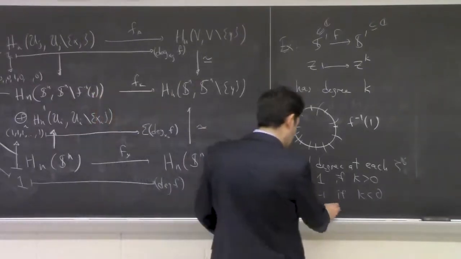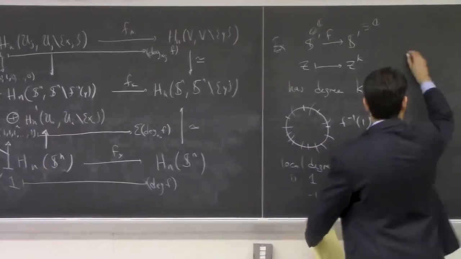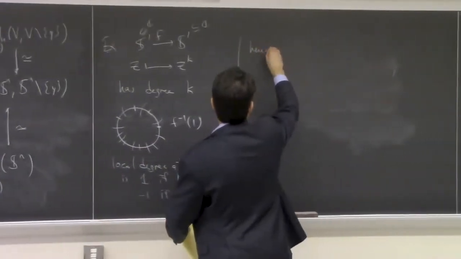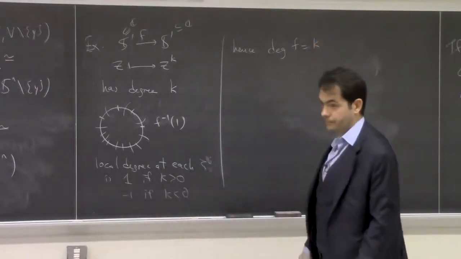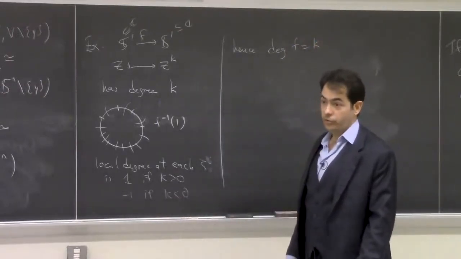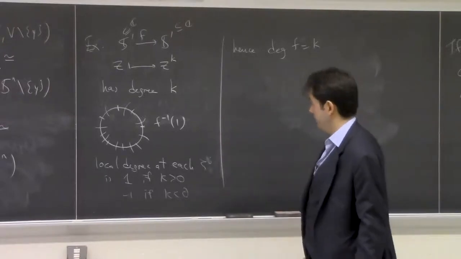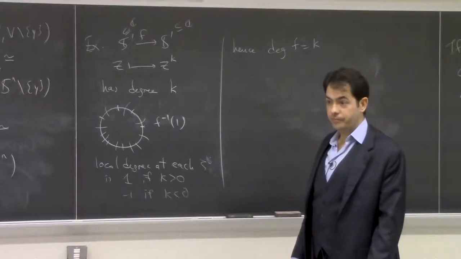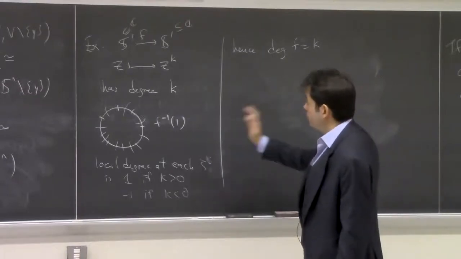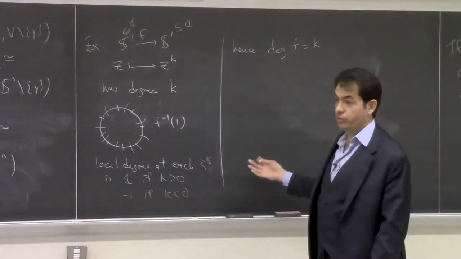Well, minus, yeah. Hence, the degree of f is equal to k. So that's true for k positive or negative. OK, great. So for S^1, there is a map of every degree.